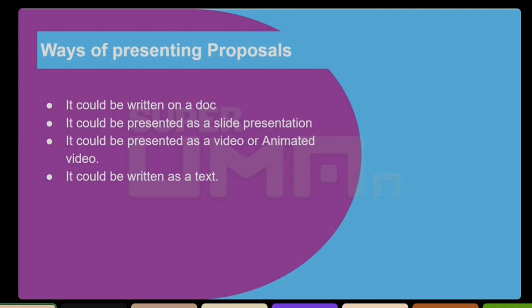When creating a proposal, you can also present it as a slide. It could also be presented as a video or animated video. It could be written as text. So let's say you just joined the Discord server. You can write the proposal as a text instead of creating a document or a slide presentation. You can simply make a proposal as a text. So these are the different ways you can write a proposal.